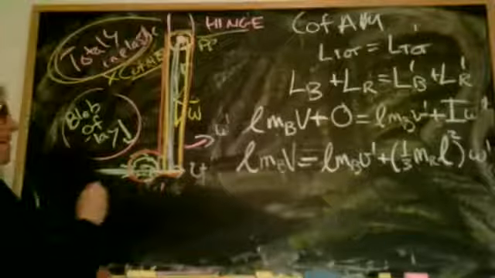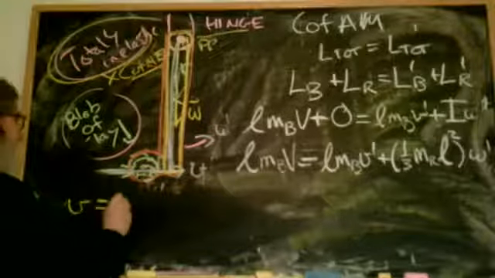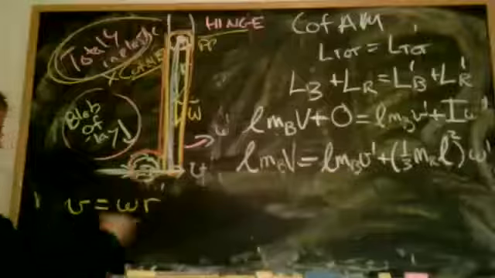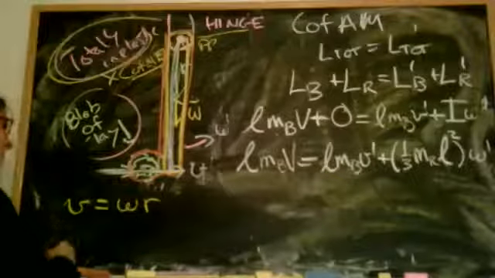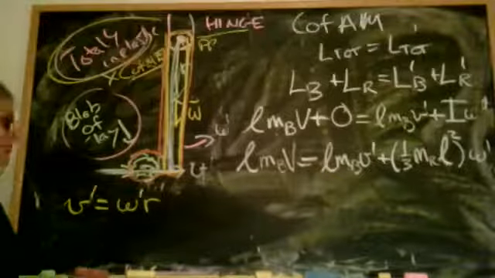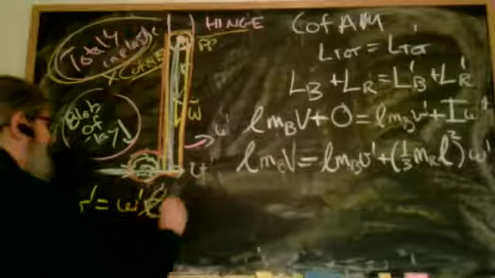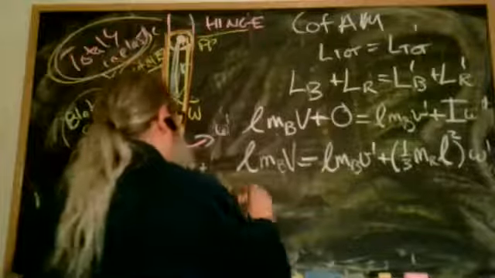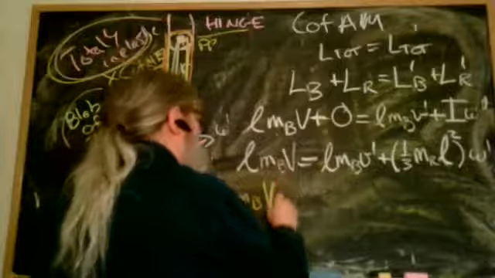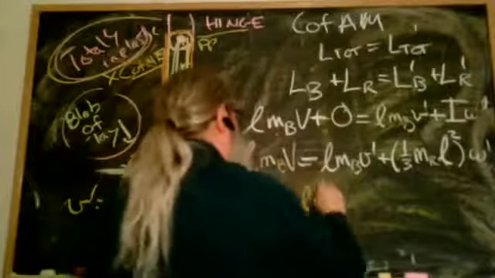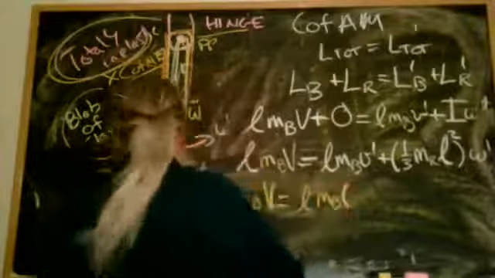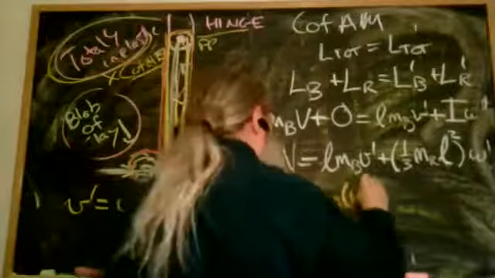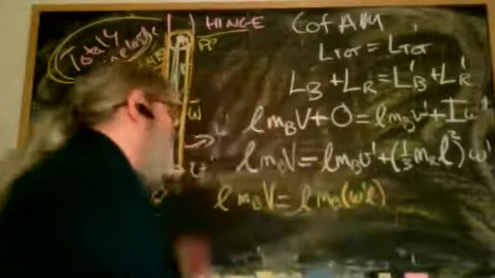So the rolling constraint says that V is equal to omega R, right? So again, there's an alpha version and the V version. So in this case, I just put primes on those guys and I change the R to an L. So I can just substitute that in. So let's do it. L times MB times V is equal to L times MB times V prime, which is just omega prime L. Yes?